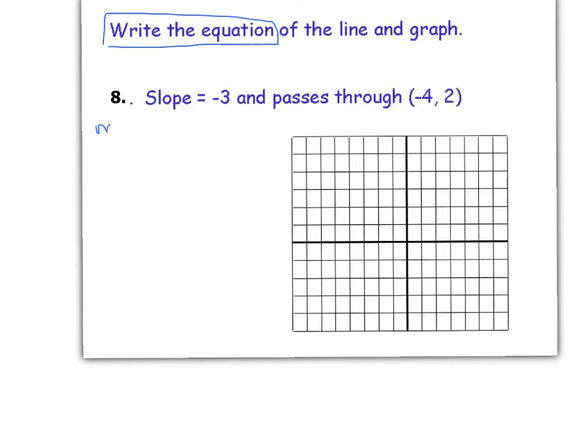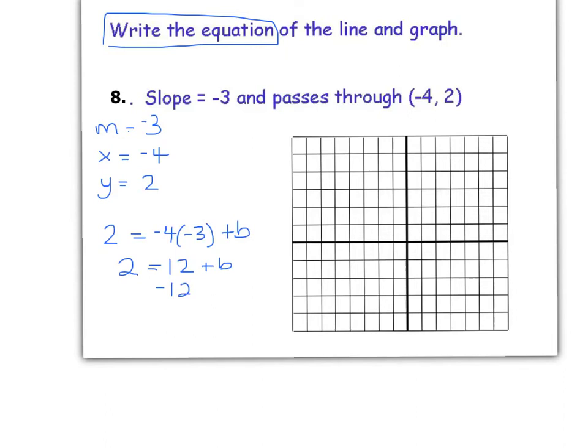So we have our m is equal to negative 3, our x is negative 4, y is 2. So 2 is equal to a negative 4 times a negative 3 plus the b, gives me 12 plus b. Take the negative 12 and add it to both sides.